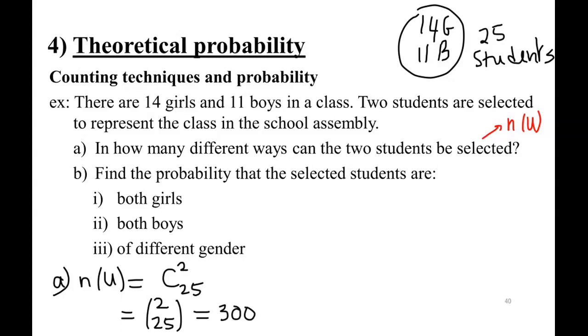Now in part B, we need to find the probability that the selected students are either both girls or both boys or of different gender. Now we've seen in part A that we have 300 possible groups of 2 to choose out of those 25 students.